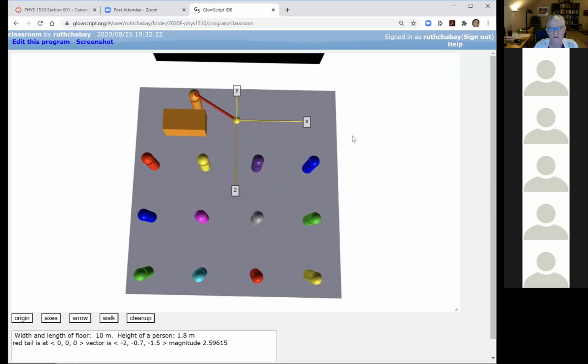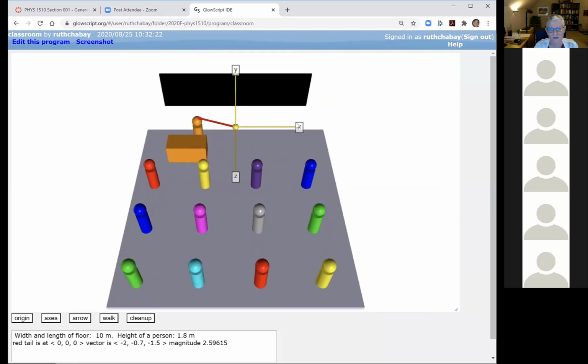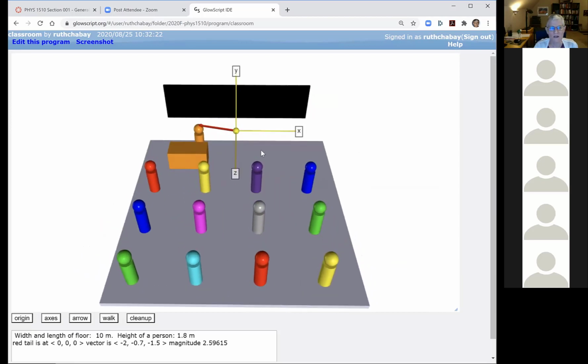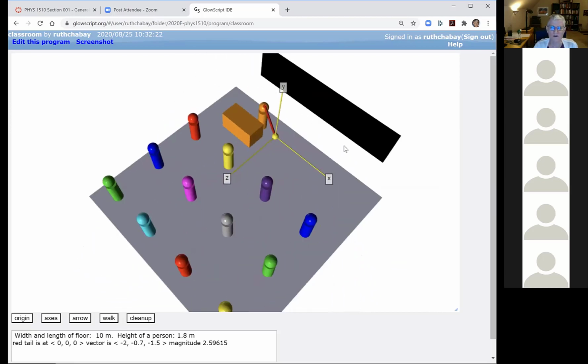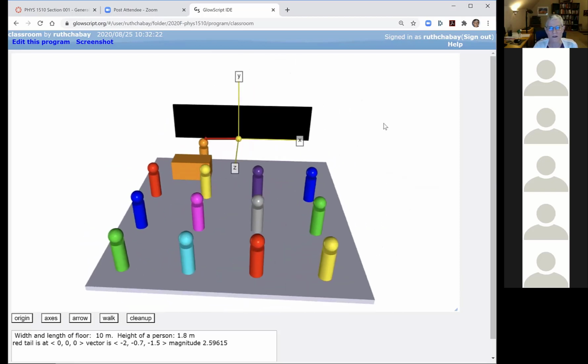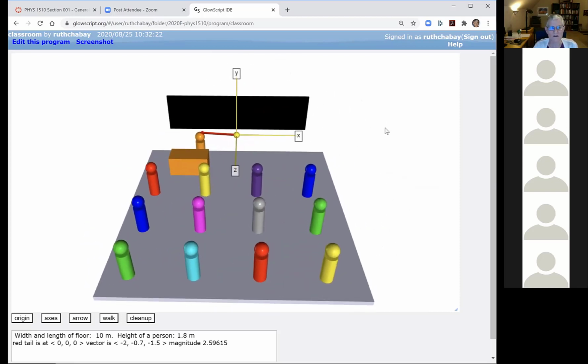It's going in the negative x direction because the instructor is over on the negative x side of the axis. It's going in the negative y direction because the instructor's head is actually lower than the origin. And it's going in the negative z direction because the instructor is actually behind the origin. So that's a position vector. It has units of meters.